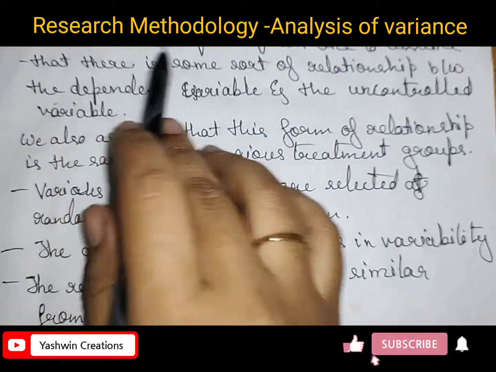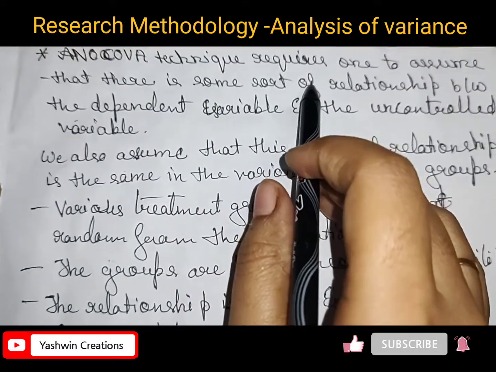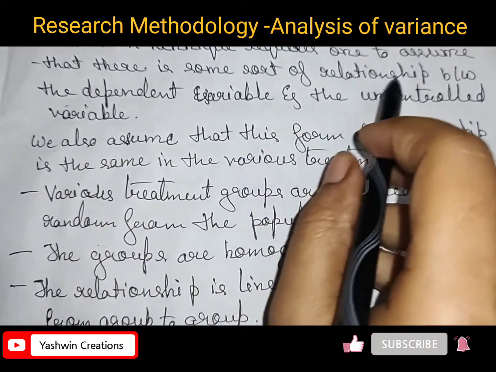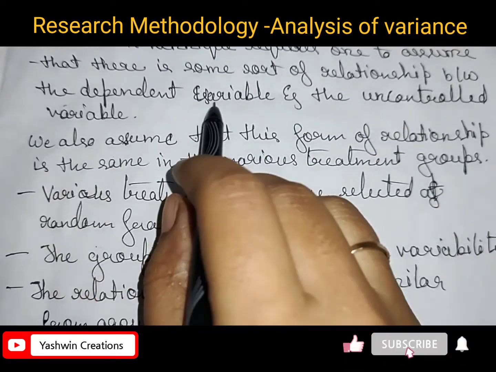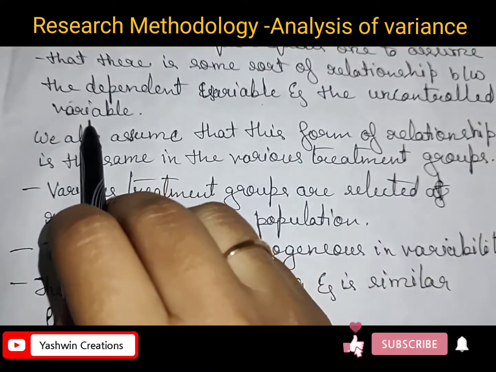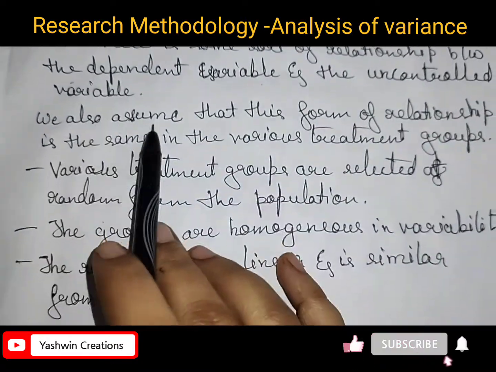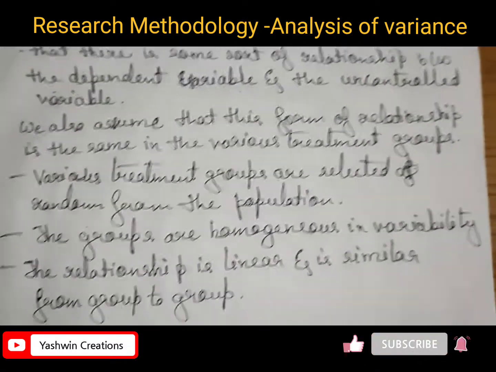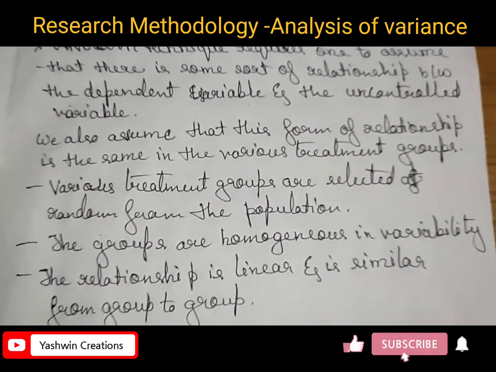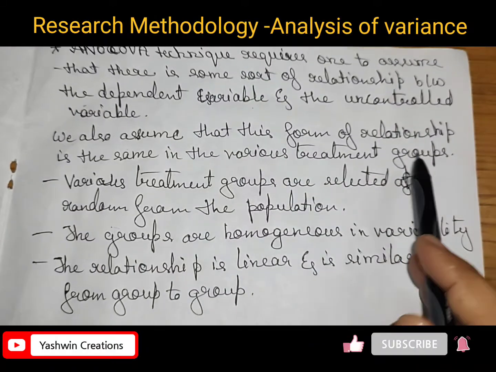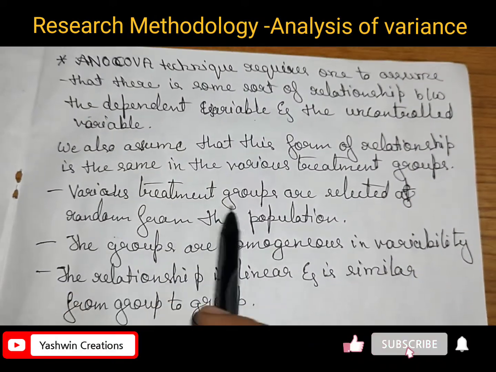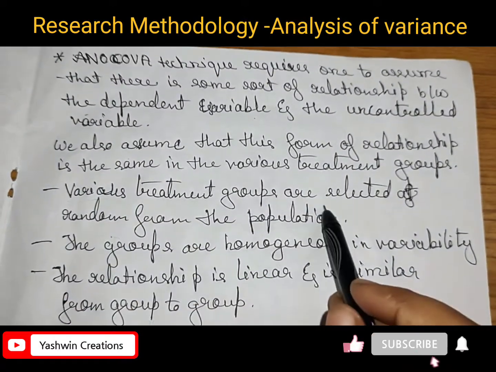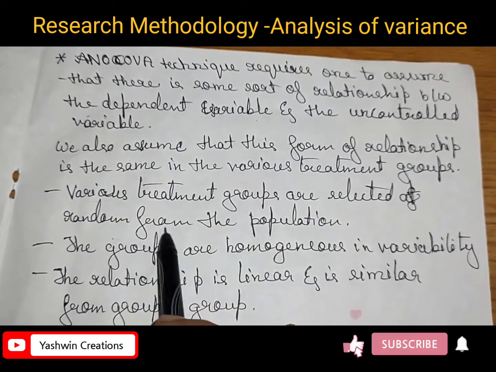Analysis of covariance technique requires one to assume that there is some sort of relationship between the dependent variable and the uncontrolled variable. We also assume that this form of relationship is the same in the various treatment groups, and the various treatment groups are selected at random from the population.